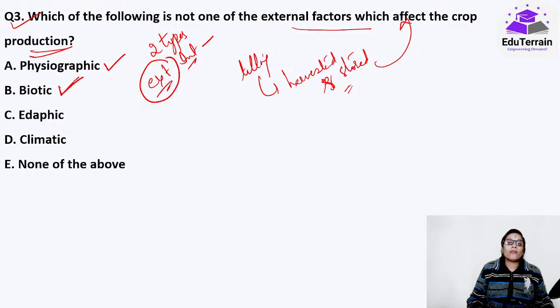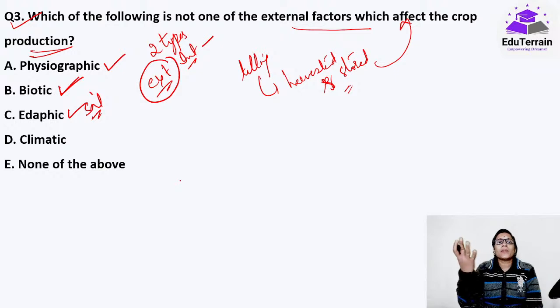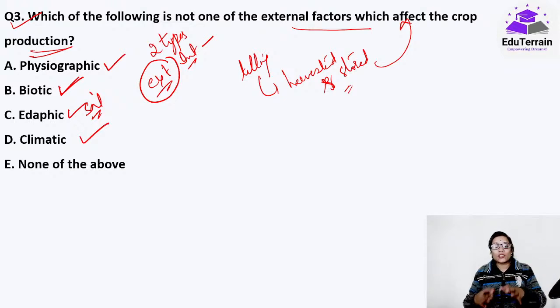So obviously biotic factors also form the external factors, and all related to soil, the kind of soil pH, soil water, soil air, soil organisms, soil organic matter, all these affect. Obviously that is where the plant is growing, so it will have an effect on the crop production. If there is any difference in pH or less organic matter, obviously that will have an effect on the crop production. Climatic factors: temperature, precipitation, wind velocity, all these.